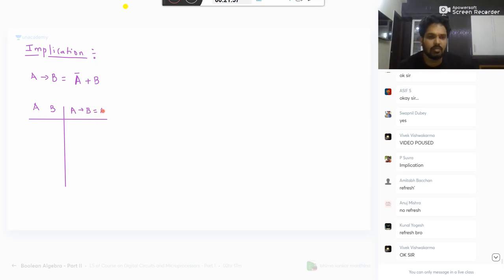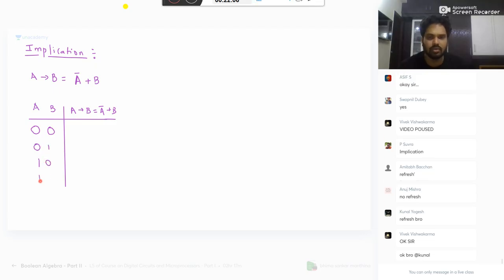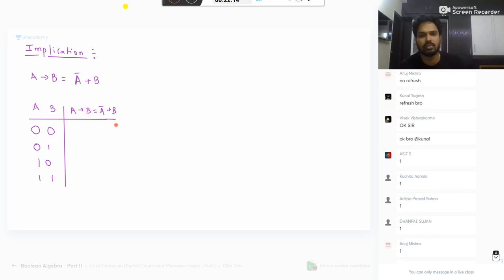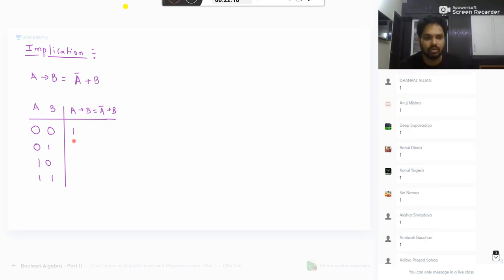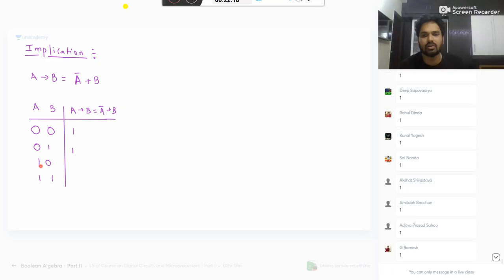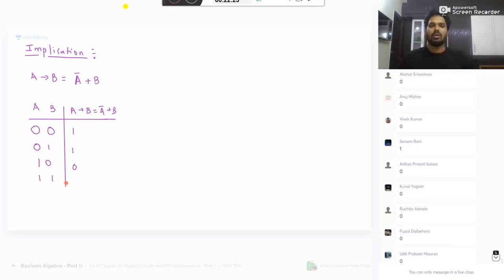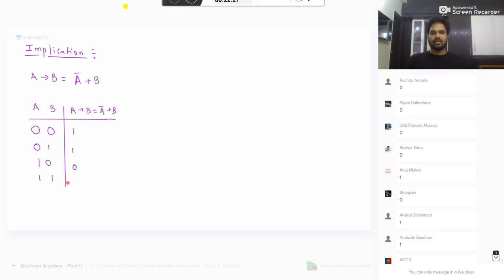It is A bar plus B. So A and B can be 0 0, 0 1, 1 0, 1 1. What is A bar plus B here? A is 0, A bar is 1, so the output is 1. 1 bar is 0, and 0 plus 0 is 0. 1 bar is 0, 0 plus 1 is 1.